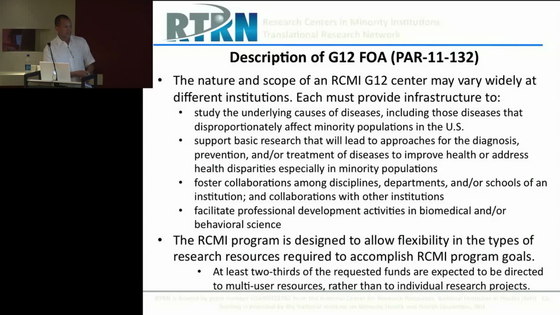And again, as I said, it's designed to allow flexibility in the type of research resources. But again, unique this time, at least 2/3 of the requested funds are directed to multi-user resources rather than individual research projects. Previously, a large portion of the RCMI project was research projects, and they've gone away from that.